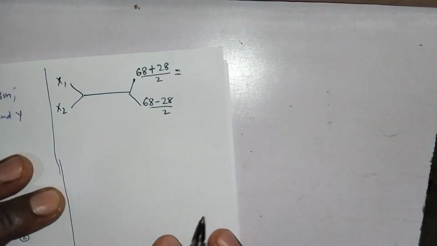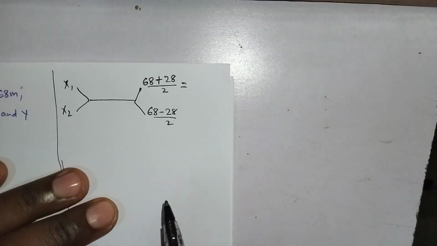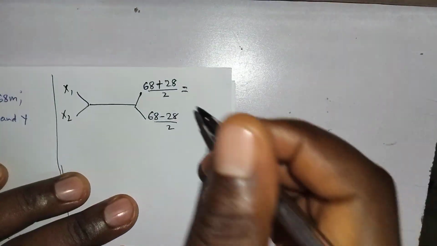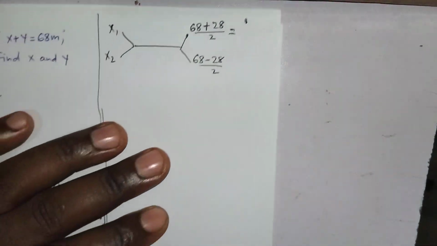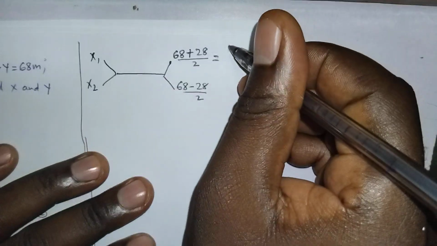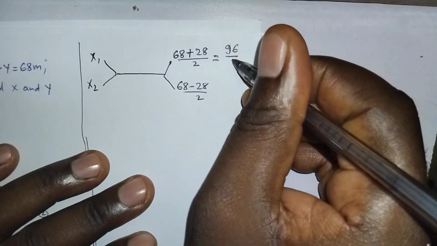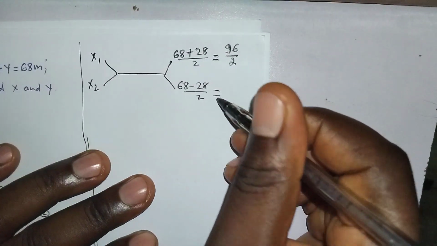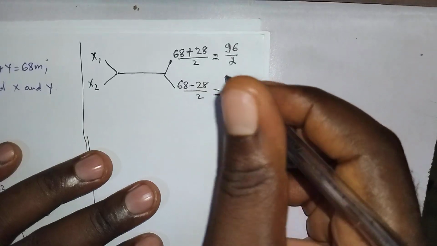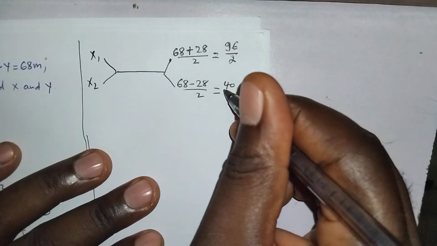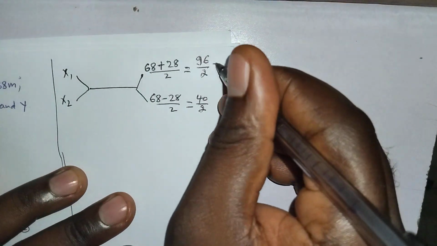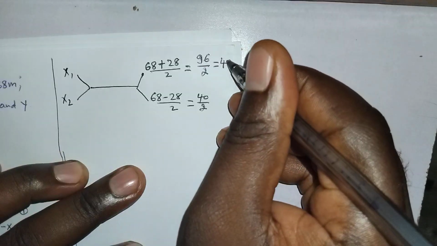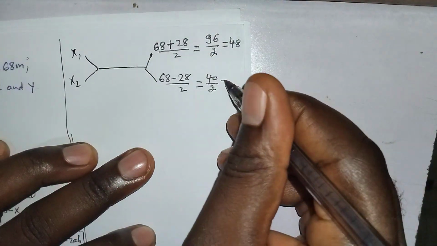This is equal to 96 over 2, and here it is 40 over 2. 96 over 2 is 48. 40 over 2 is 20.